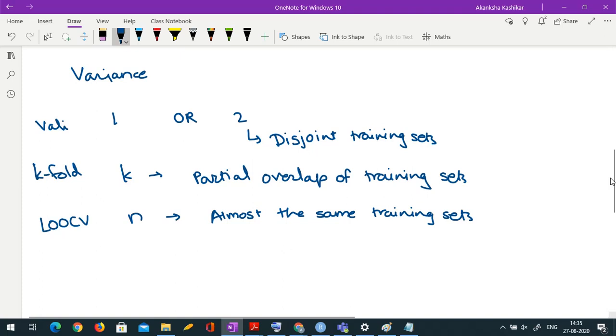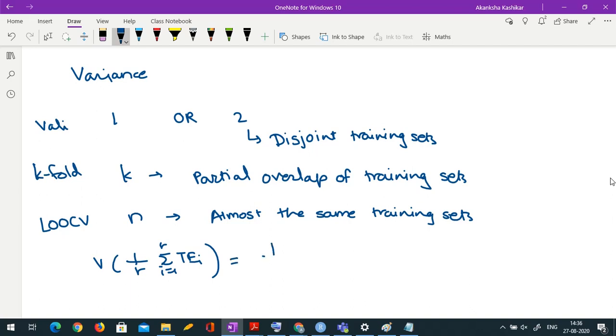So I have an average of test errors, right? I am going to take the average of test error. So if I have variance of 1 by r, summation i going from 1 to r, TE_i, here r would be 2 in case of validation set, r would be k here, and r would be n in LOOCV.